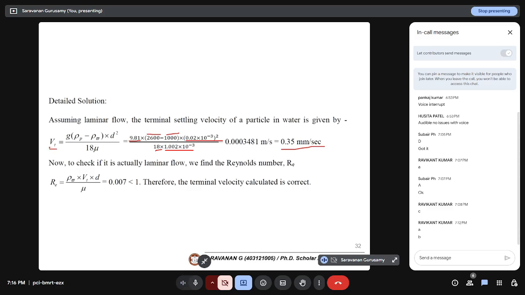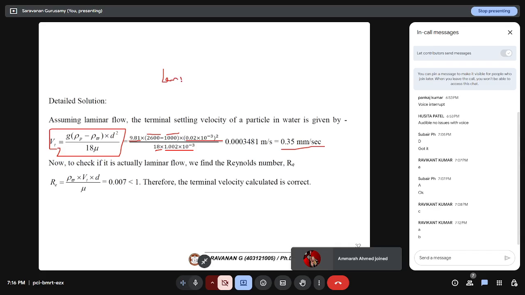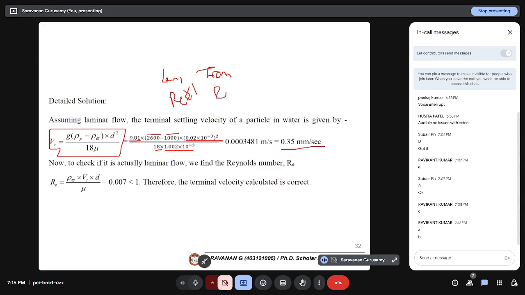Why have I used this formula? Because we have different formulas for settling velocity based on laminar flow or transition flow conditions. Laminar flow is when the Reynolds number is less than 1. Transition will be Reynolds number greater than 1, based on the flow properties. I initially assumed laminar flow and I have taken this formula. Now I have to check whether my flow is laminar or not. So what is the formula for Re?